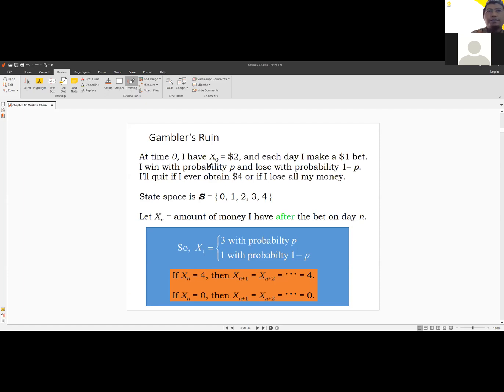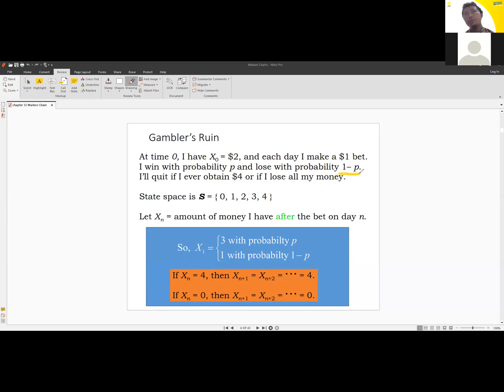If I win, the probability of becoming the winner is P, and the probability I lose is 1 minus P. Actually, it is simple.